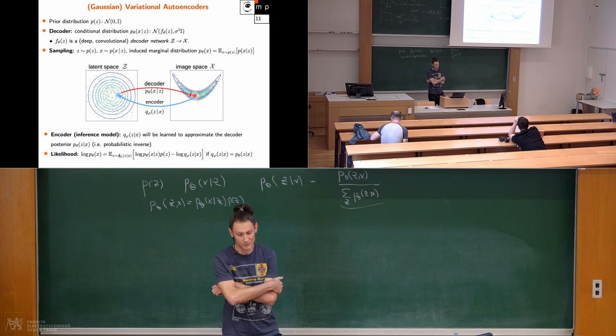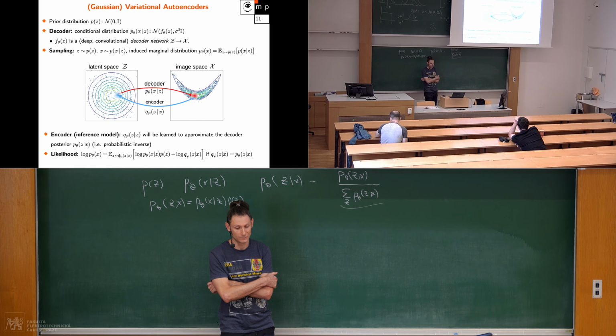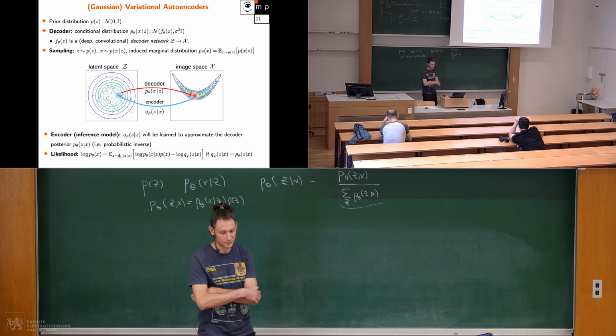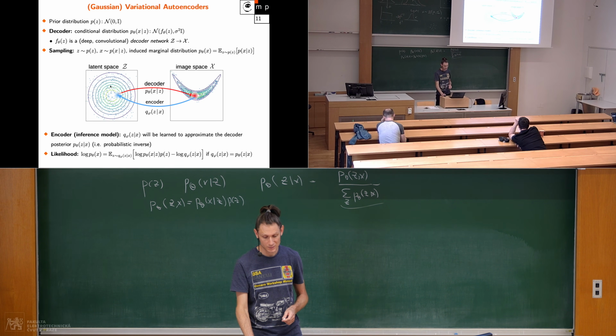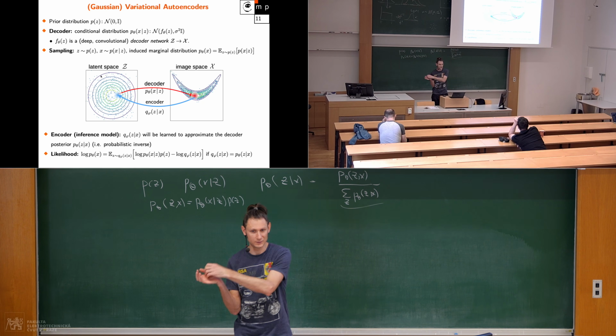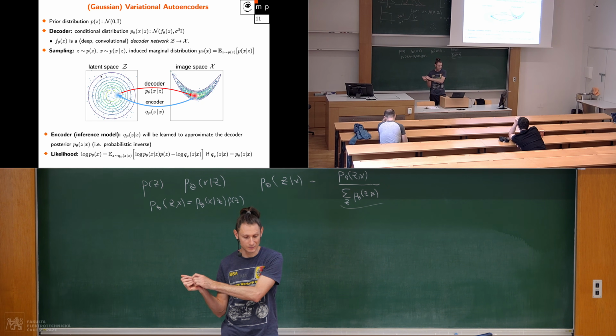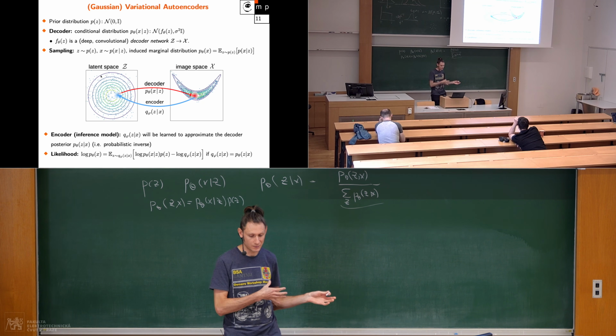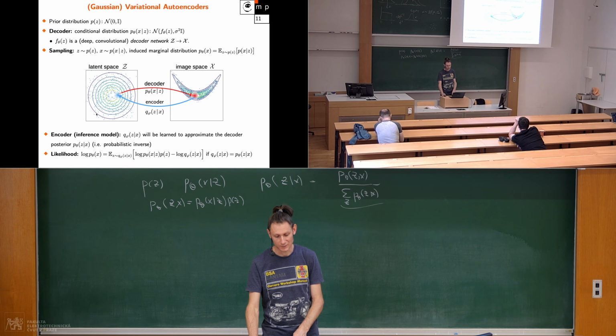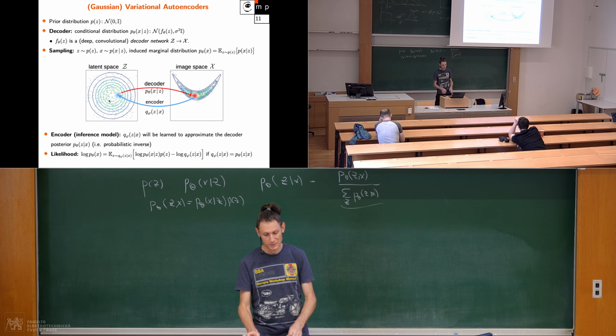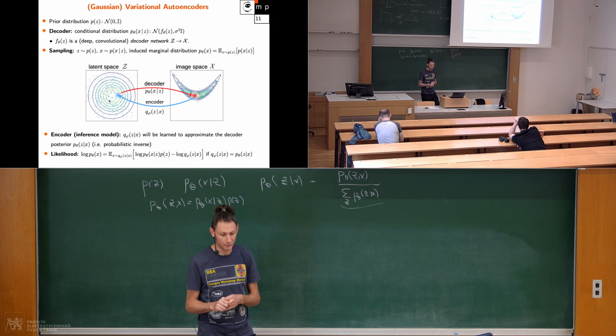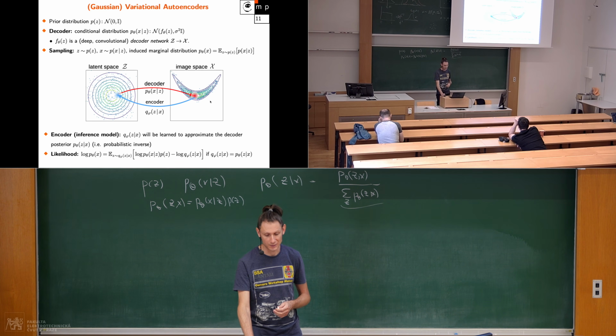So this decoder and encoder don't need to be invertible, in the sense that several latent codes could map to the same image or to very similar images, or the other way around: several images could correspond to several latent codes. So this probabilistic description, or the dimensionalities of these spaces, need not match.